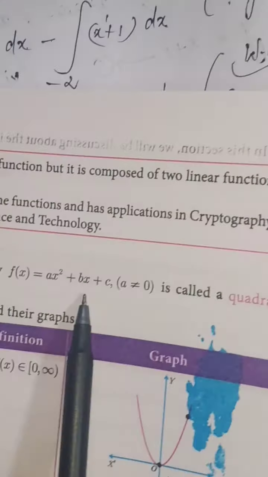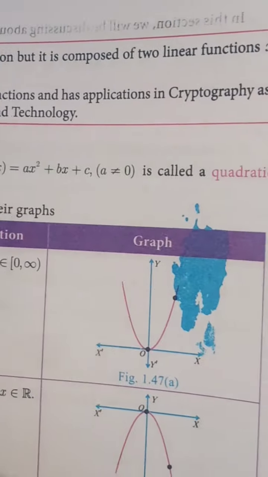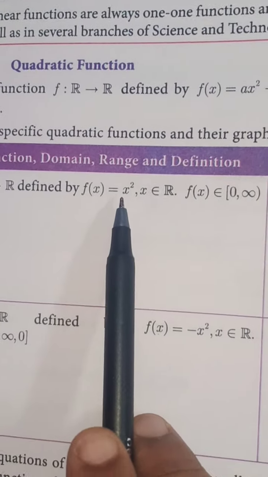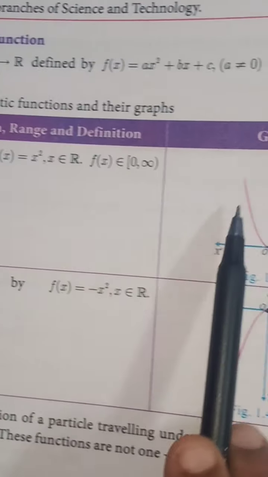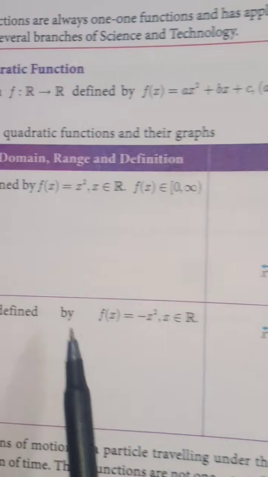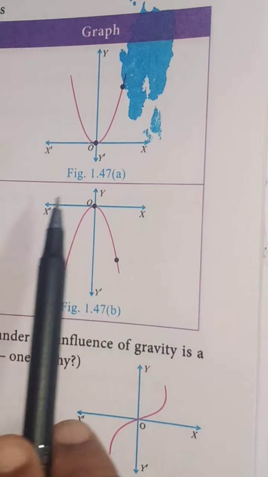This one is in terms of x. It's called a quadratic function. Look at that. If f of x equals plus x squared, you'll be getting the parabola like this, an open upward parabola. Suppose f of x equals minus x squared, you'll be getting an open downward parabola.